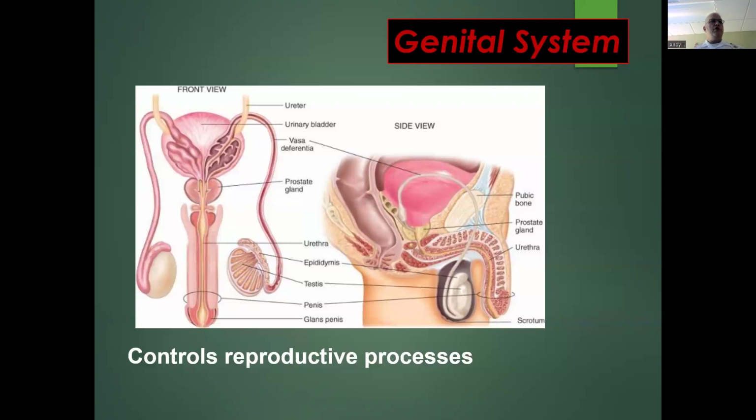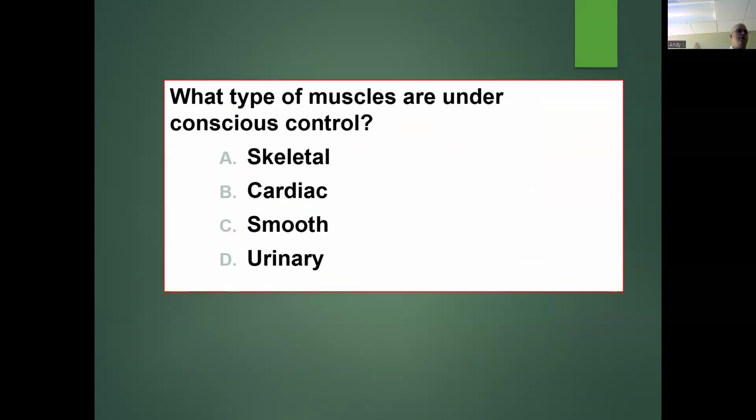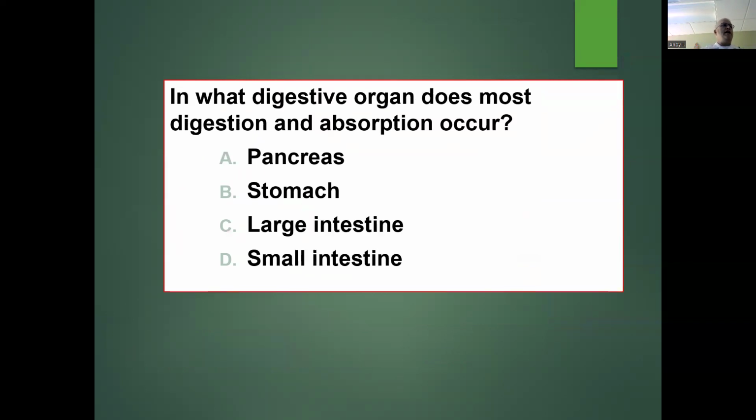All right, let's review. What type of muscles are under conscious control? You said skeletal, right on. In what digestive organ does most digestion and absorption occur? Remember, most digestion and absorption of those nutrients happen in the small intestine.